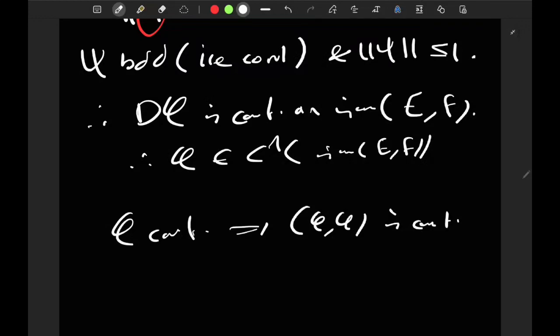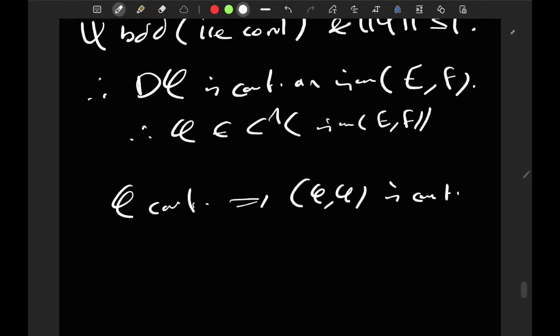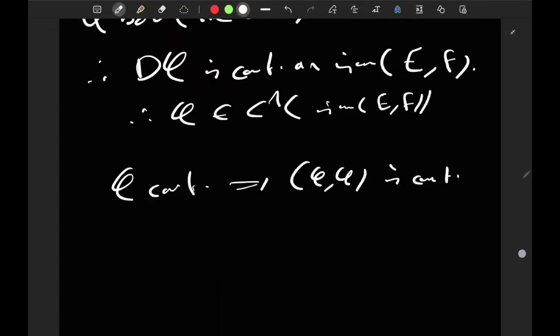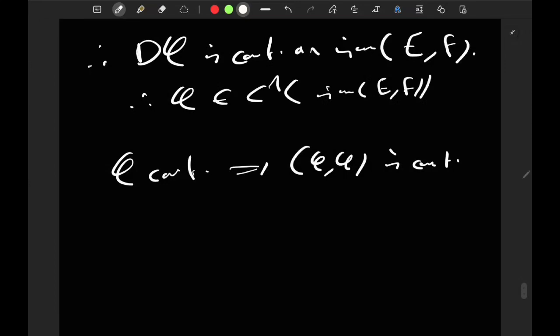Now, this is something that we will be seeing in the section that we're going to be starting with if we have enough time today, the section about landing inside the product of normed vector spaces. It can be seen from the very definition of continuity.